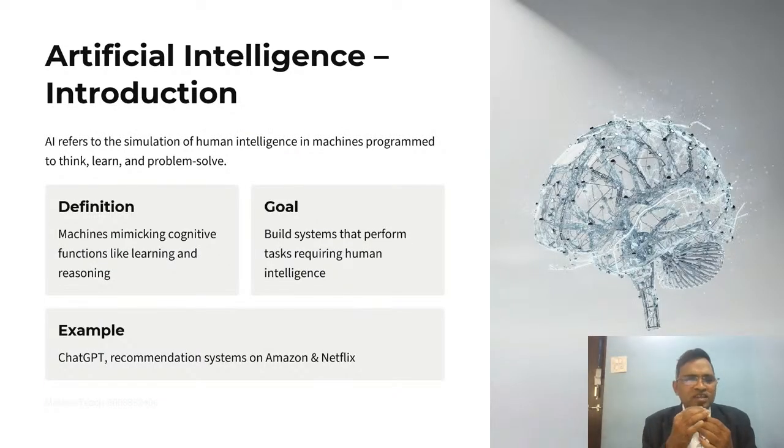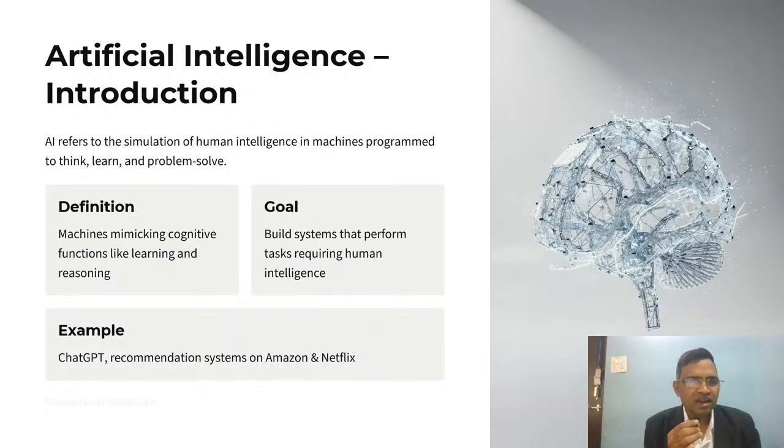One is artificial intelligence. It imitates human intelligence. It learns, it thinks, it solves problems. The definition of artificial intelligence is machines mimicking cognitive function, working like a mind.